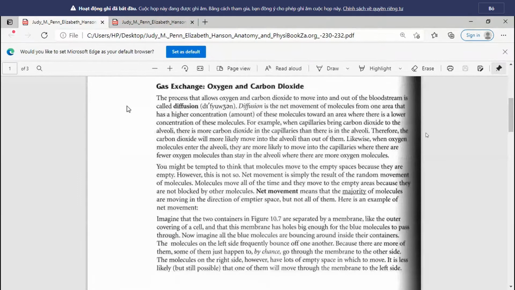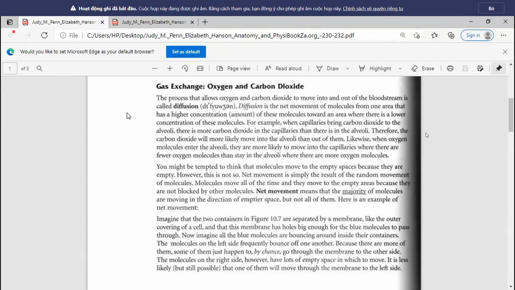The process that allows oxygen and carbon dioxide to move into and out of the bloodstream is called diffusion. Diffusion is the net movement of molecules from one area that has a higher concentration amount of these molecules toward an area where there is a lower concentration of these molecules.